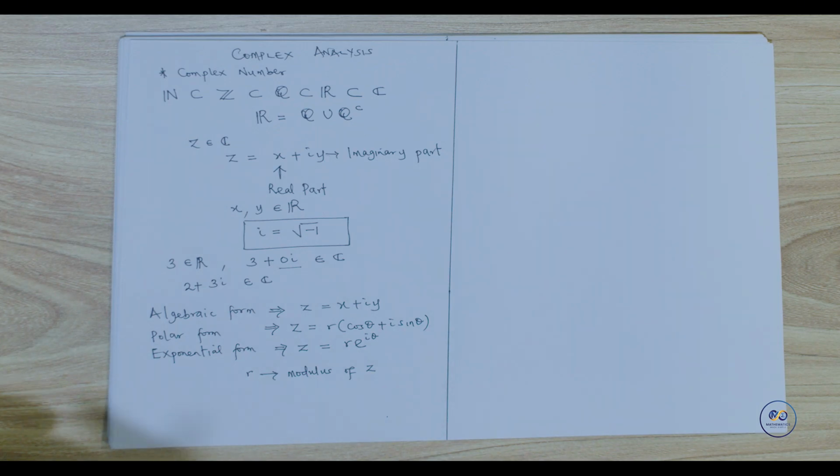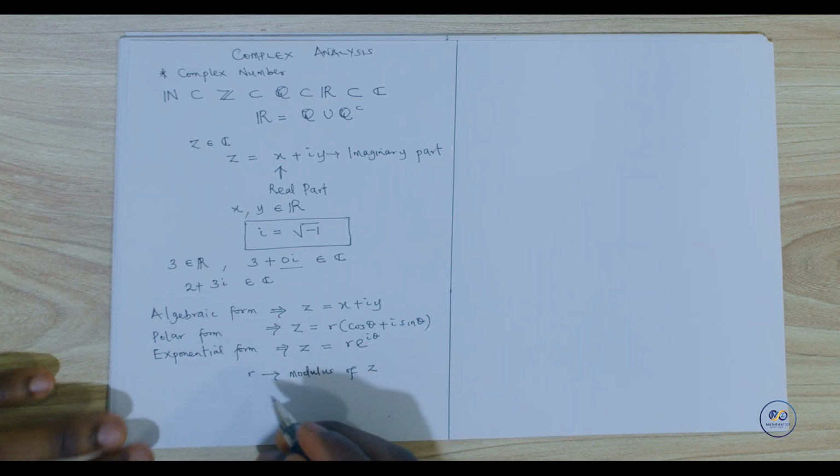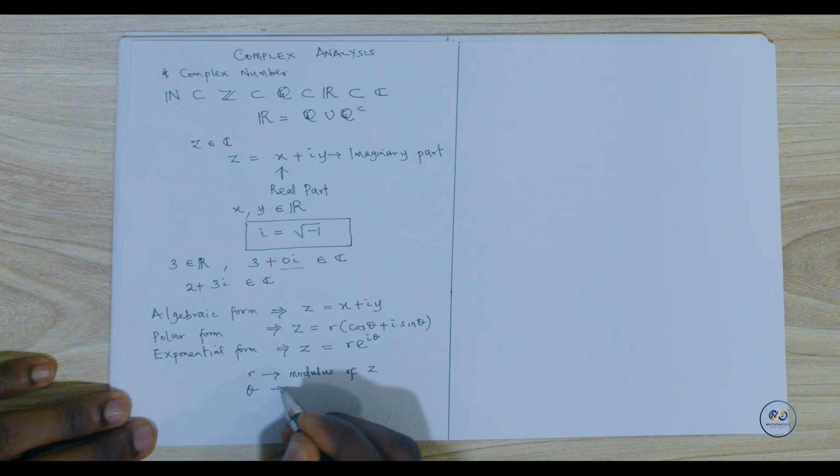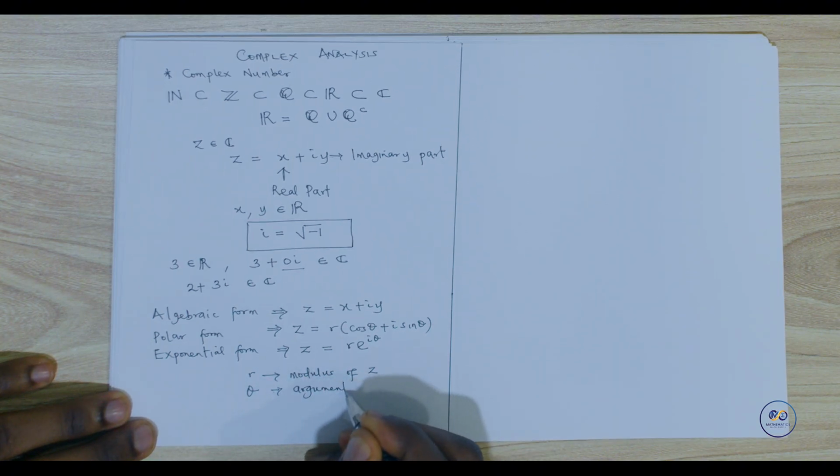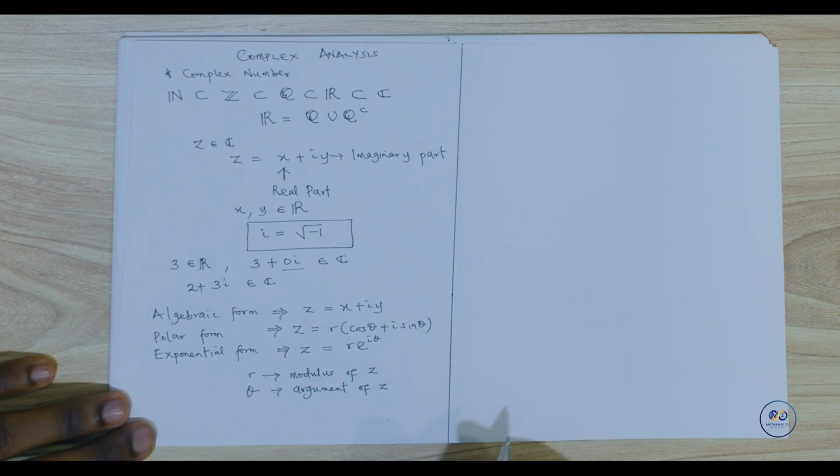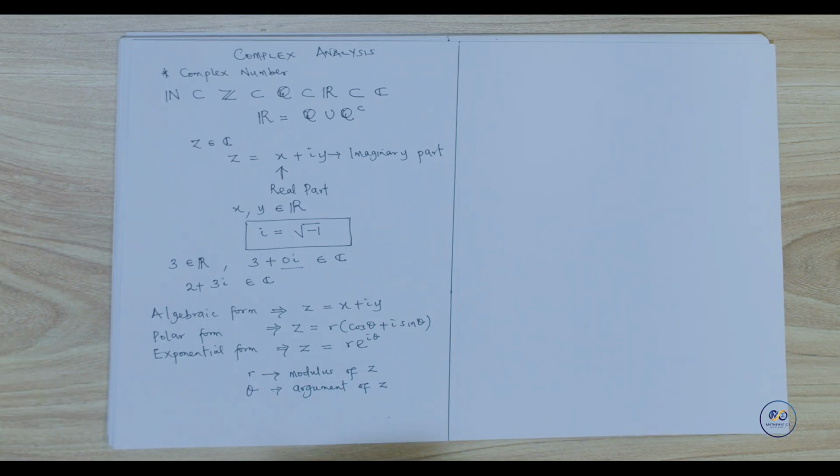We'll get to see more of that later on. And then we have θ, which is termed the argument of z, which is the angle formed by that complex number within that domain. We will also get to see more of that, as well as the formulas necessary for finding the modulus or argument of a complex number.